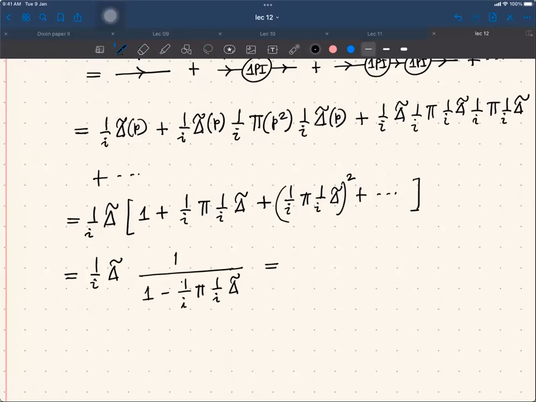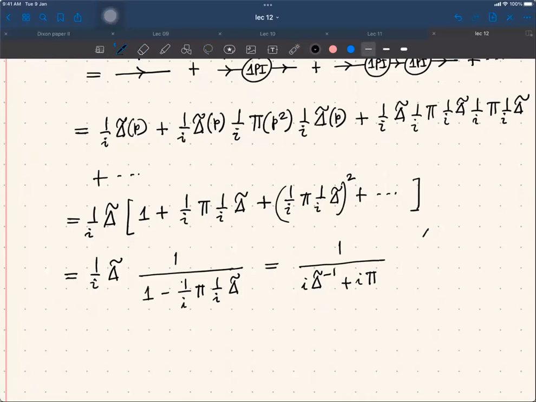And then you can divide it in the downstairs. So that will be i times delta tilde inverse minus, so this divides this one, so we'll get rid of this, and minus 1 over i will become plus i, so that is plus i pi. Now what is delta tilde?